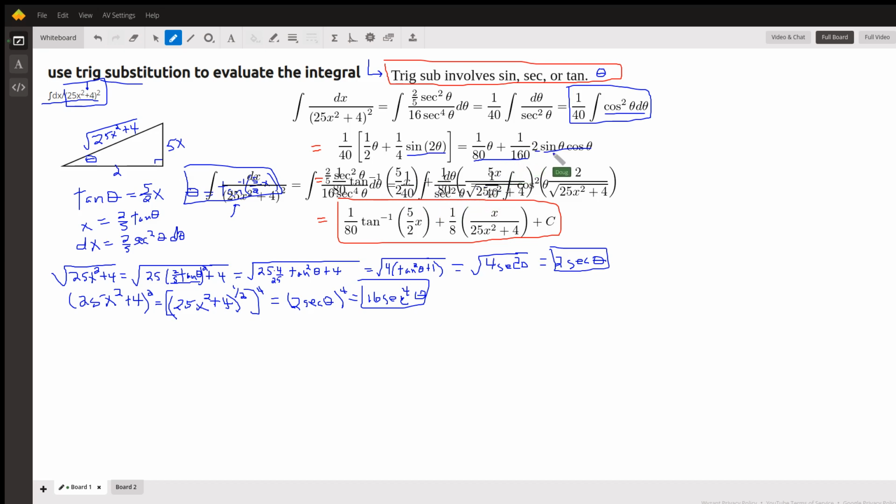The sine of theta, look at your right triangle, is opposite over hypotenuse, 5x over the square root, times the cosine, adjacent over hypotenuse. And 5 times 2 is 10. 10 goes into 80 8 times. We're left with 8. And this radical times itself is just what's under the radical. Finally, I added the plus C. That's your antiderivative.